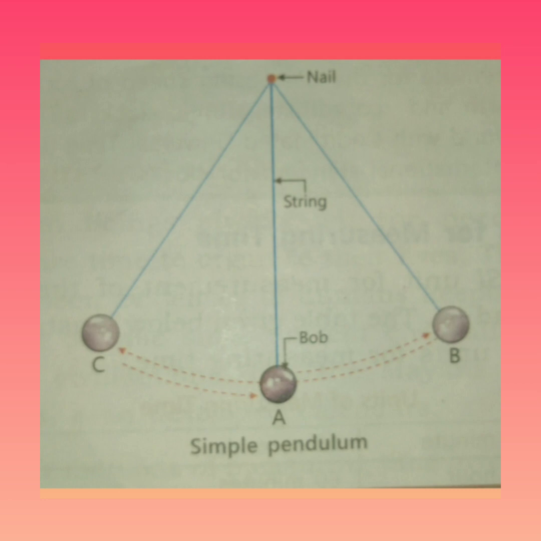You can see the diagram of a simple pendulum here, and you should practice this diagram because it may come in your exam. So what is a simple pendulum? A simple pendulum consists of a small metallic sphere. You can call it the bob, okay?